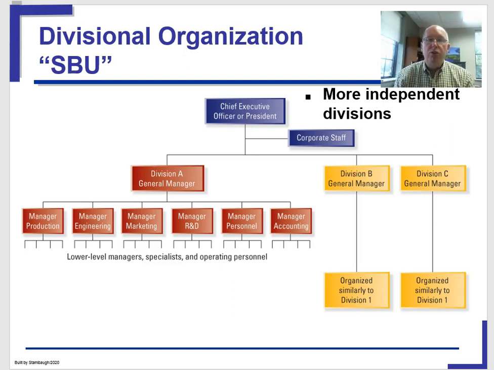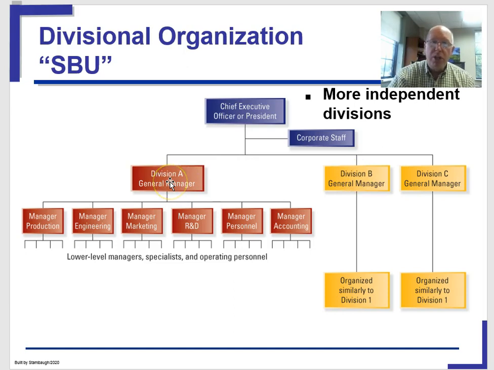Next, we go to the strategic business unit, or SBU. And here, if I had to tell you the watchword, it's that you have more independent divisions. They have more entities and typically a smaller corporate headquarters. And you'll sometimes see bigger differences when you have these different divisions.